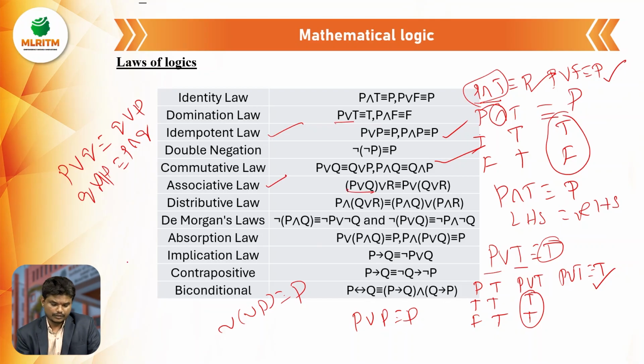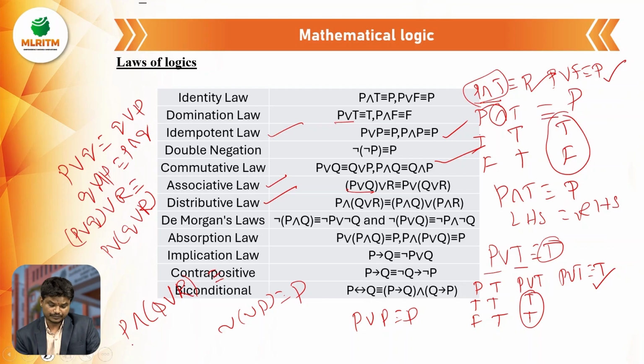Here P or Q or R is equivalent to P or Q or R with grouping. And the distributive law: P and Q or R is equivalent to P and Q or P and R.